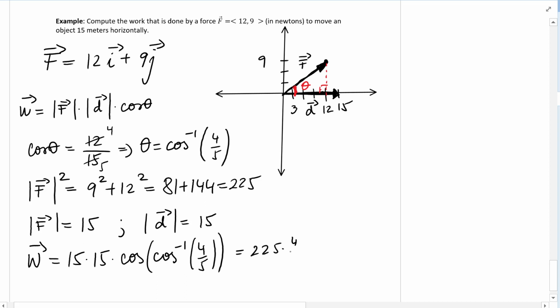So we get 225 times 4 over 5. This cancels with this and we get 45. So 45 times 4 is 180 joules, which is the work that we need to do by applying the force to move the object 15 meters horizontally.